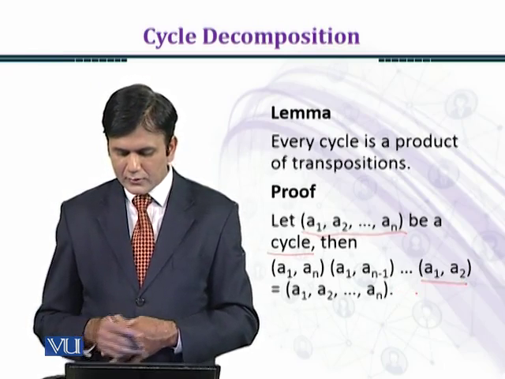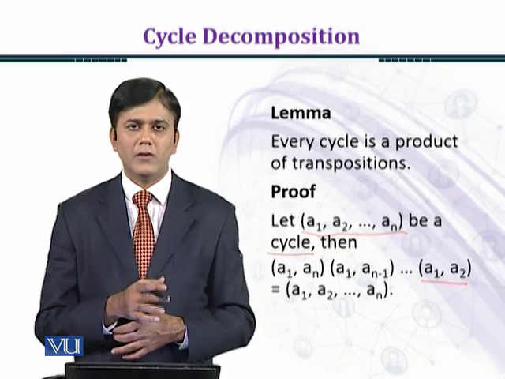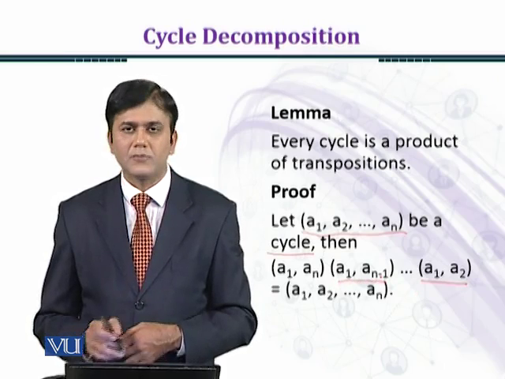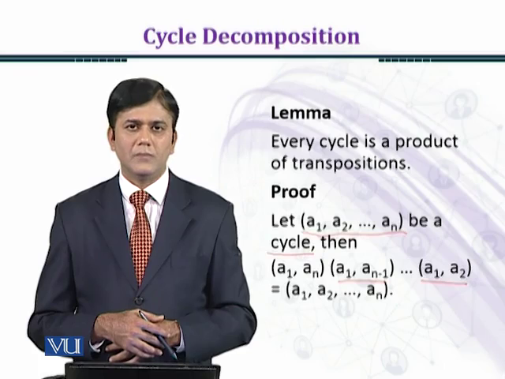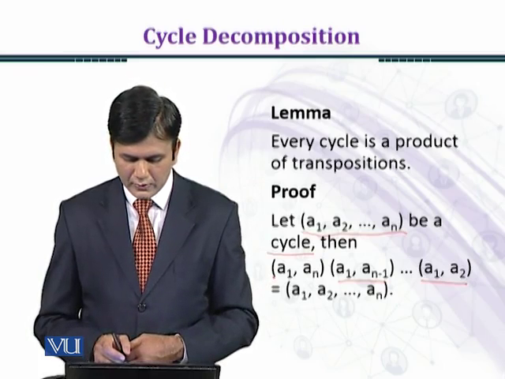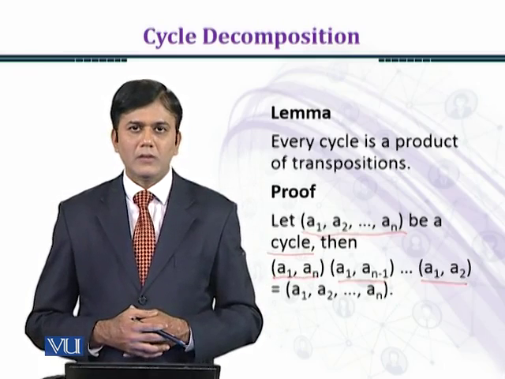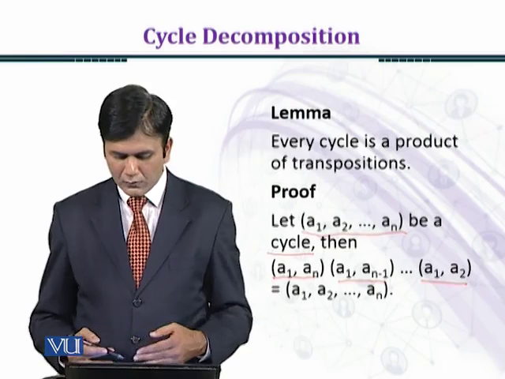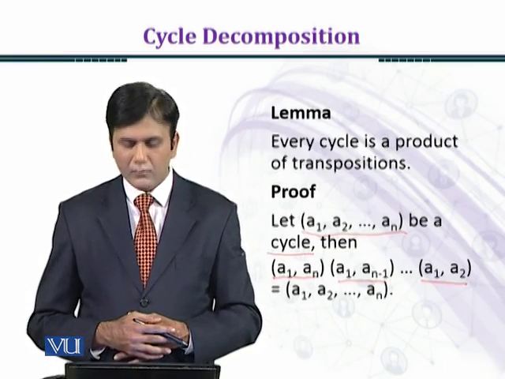Then we shall get the transposition A1, A3, then A1, A4, and so on A1, An-1. And lastly the transposition A1, An. And the only thing we have to see is whether the product of these transpositions is the cycle A1, A2 up to An or not.